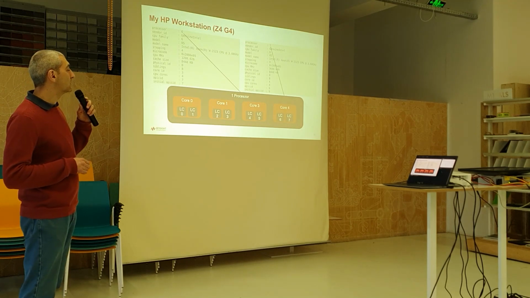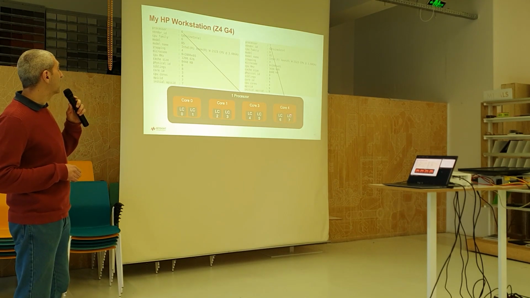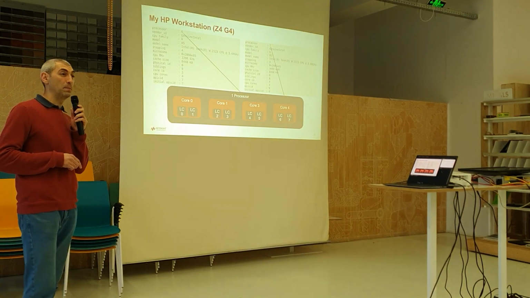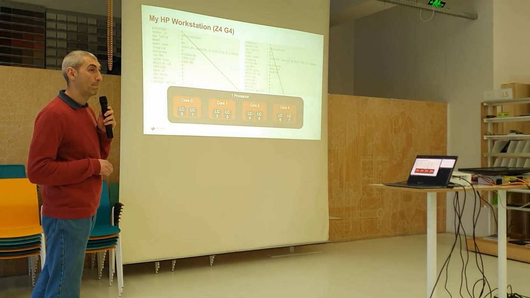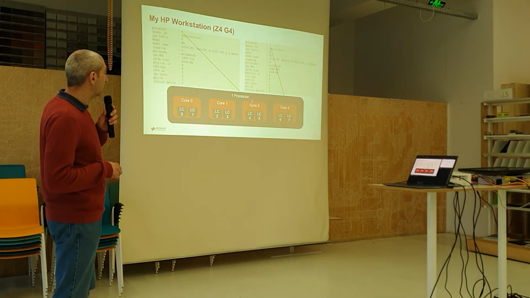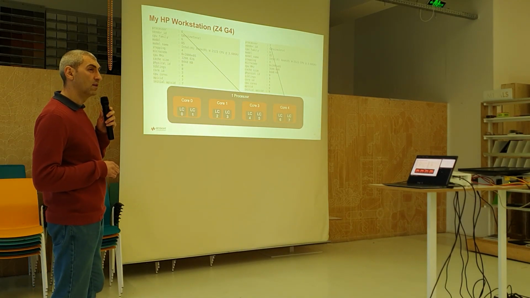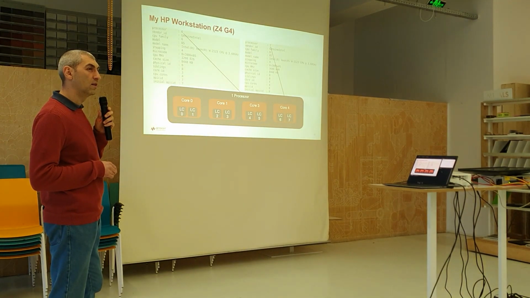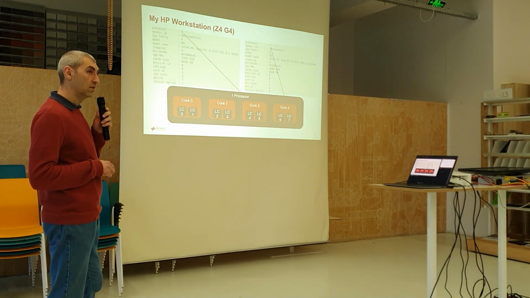So Linux treats the logical cores as processors. There's actually a reason behind the numbering on the cores. Usually it uses numbers 0, 1, 2, 3 for the first cores, and then the hyperthreaded ones.